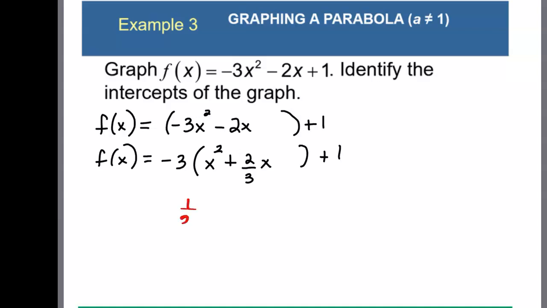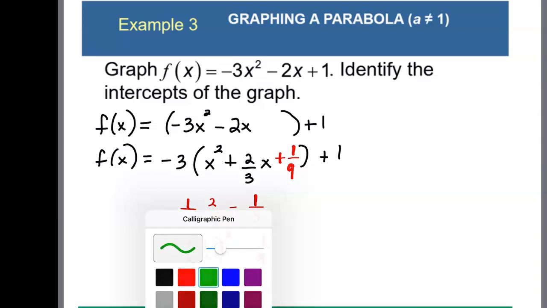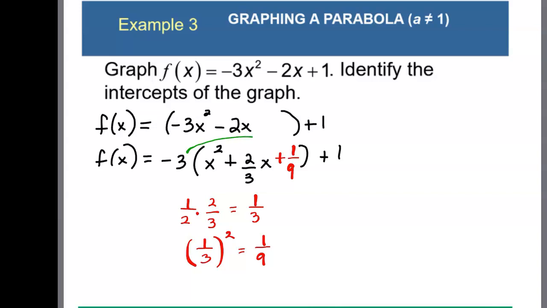Okay, and so now we are going to complete the square. We take half the coefficient of that middle term, so half of 2/3, which would give us 1/3. Then we're going to square that 1/3, and that'll give us 1/9. So that's the value that we add right here. Now here's where the hang up comes in. We are not really adding 1/9 because we have a -3 out front. So really we're adding -3 times 1/9.